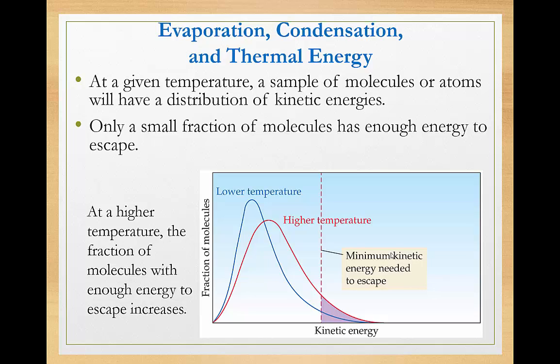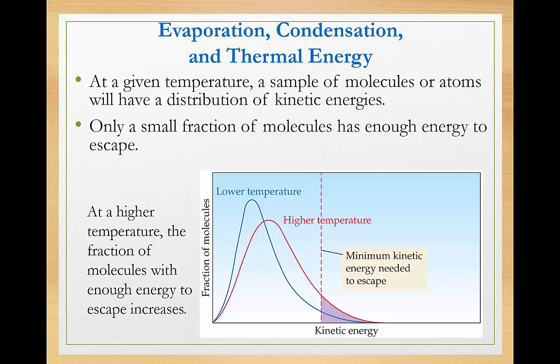Now, of course, we can view that in different ways, and the math has to come into it somewhere. We're going to look at some math in this. At a given temperature, if you have a sample of molecules or atoms, there's going to be a distribution of their energies. Not every molecule in that substance is going to have the same kinetic energy. And there's only a small fraction of those molecules that have enough kinetic energy to escape from the liquid.